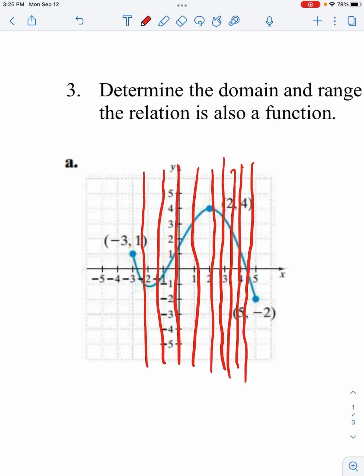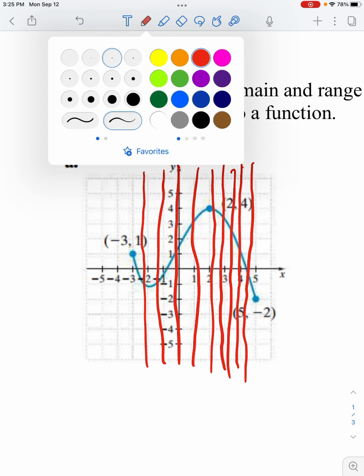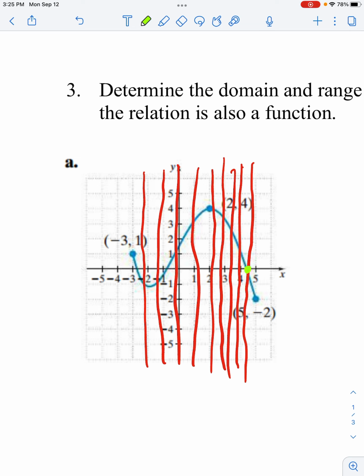It only intersects each line one time. Here it intersects one time here, one time here, one time here, one time here, right? It only passes each vertical line one time.